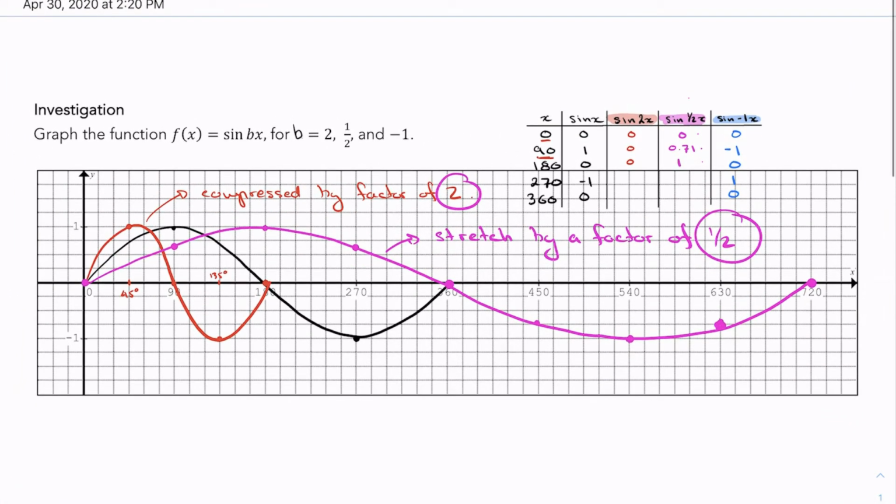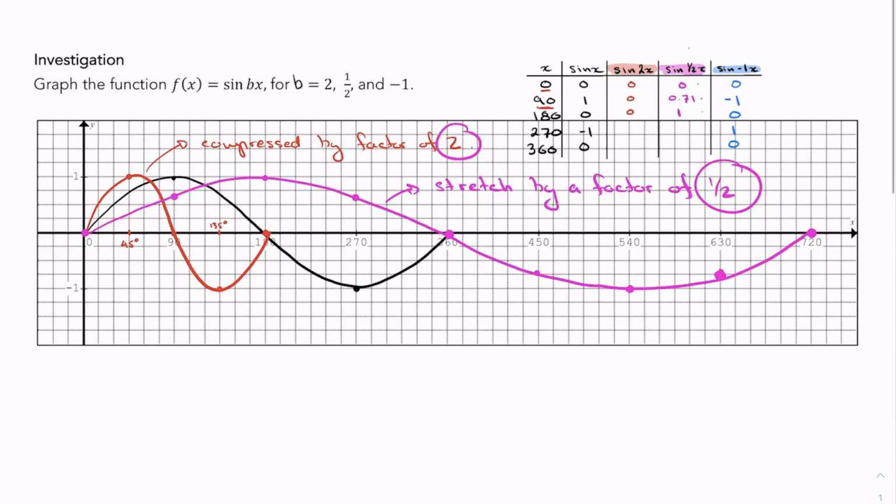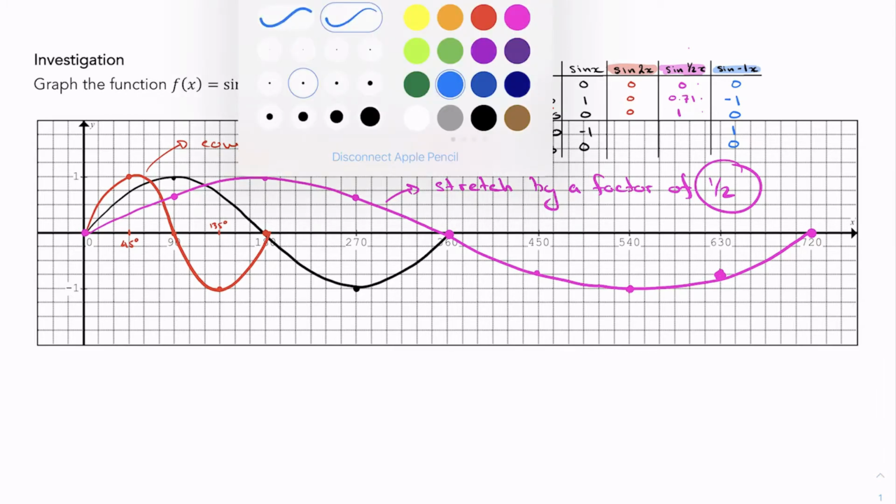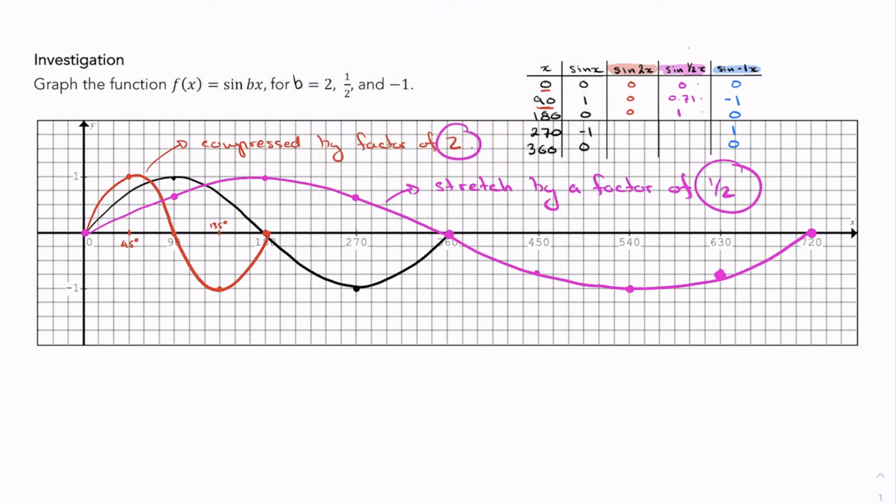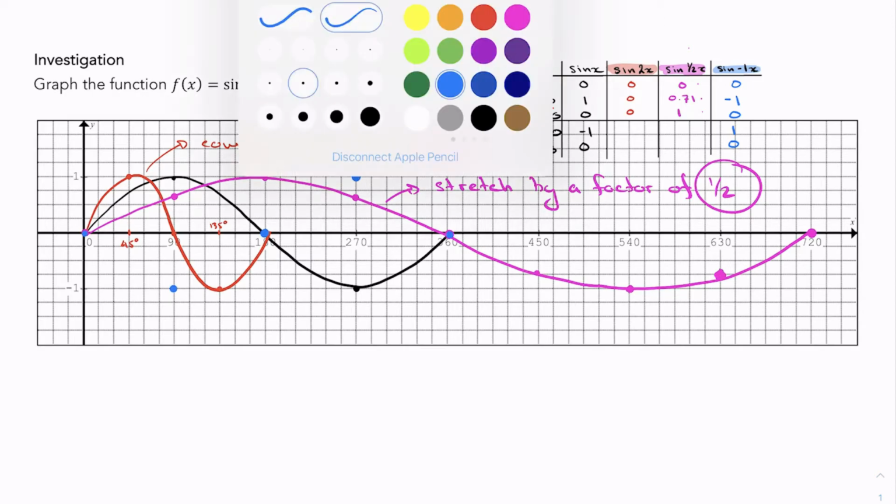And I think at this point you kind of see what's coming. Again, let's use larger points. So sine of 0 is 0. Sine of 90 will be negative 1. Sine of 180 will be 0. Sine of 270 will go up to 1. And sine of 360 will be 0 again.